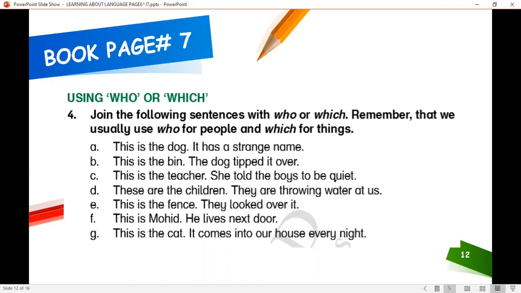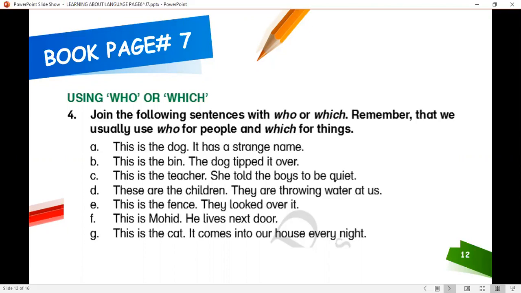Now, remember the point that we will use who for people and which for things. Now, in the first sentence, we will use which instead of it and join the sentences like this is the dog which has a strange name.